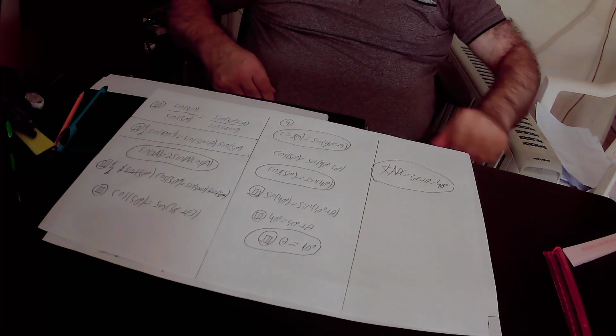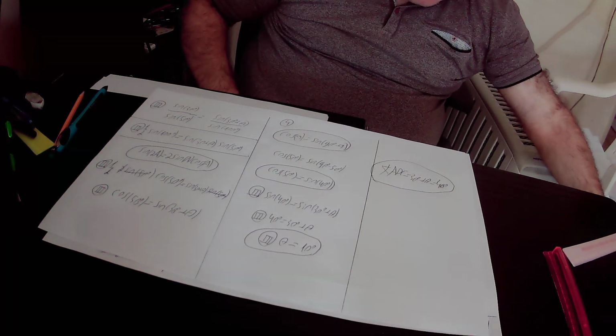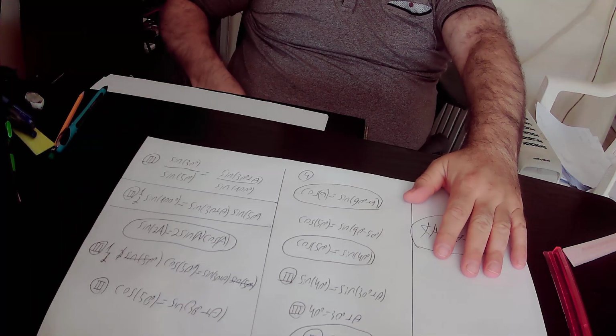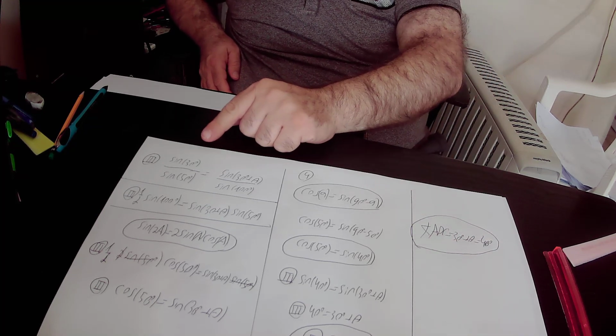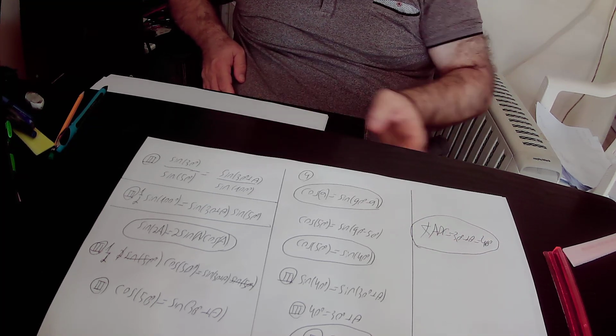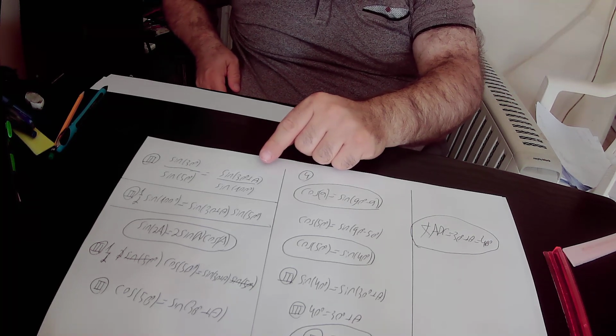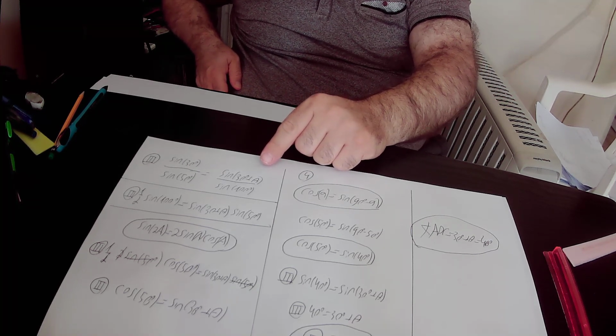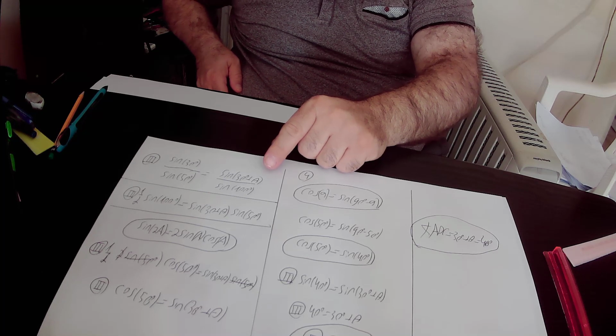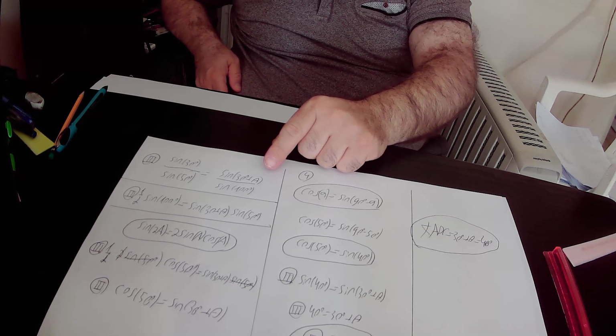A over B according to equation number 1 equals sine 40 degrees over sine 50 degrees, and it must be equal to A over B according to equation number 2 that equals sine 30 degrees plus theta over sine 100 degrees.